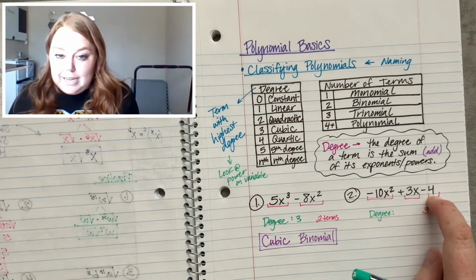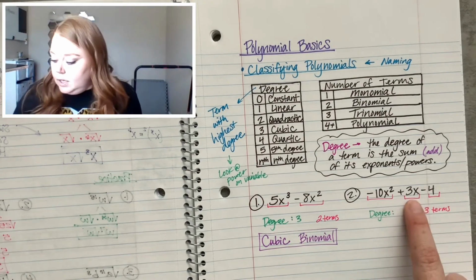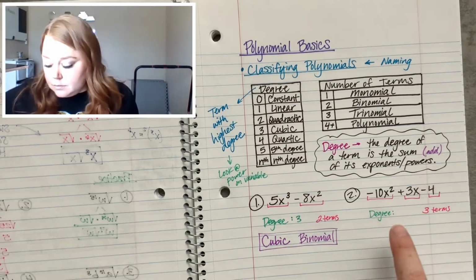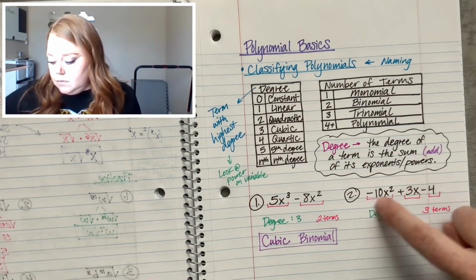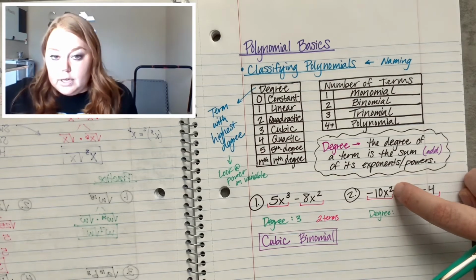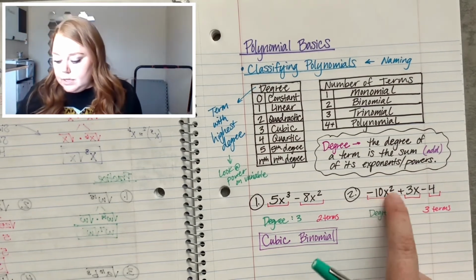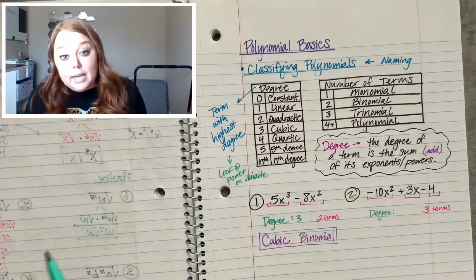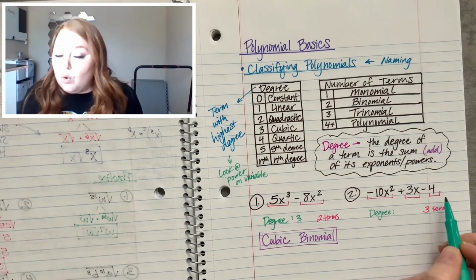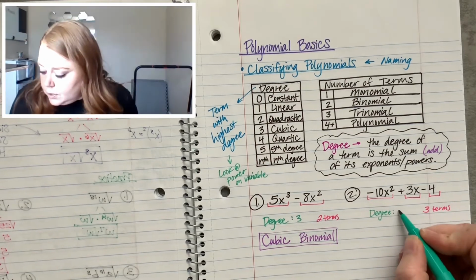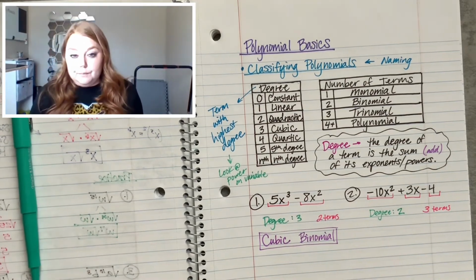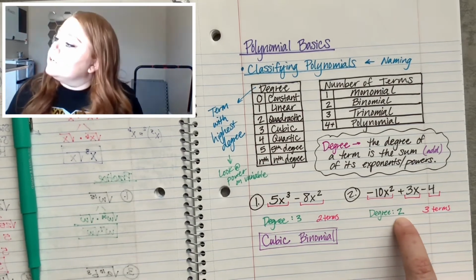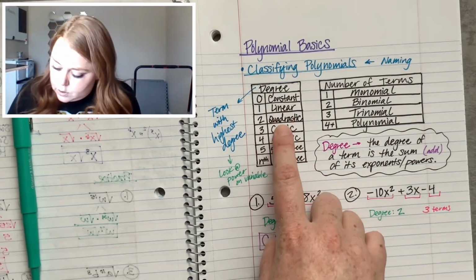This 4 doesn't even have a variable, okay? This 3x has a variable, its power is 1. And this term right here has a variable and its power is 2. Therefore, this is the term with the highest degree, and that's what we name it off of. So we would say that this whole polynomial has a degree of 2, okay? So now those are the 2 pieces we need. So we go to our chart. A degree of 2 means it's quadratic.